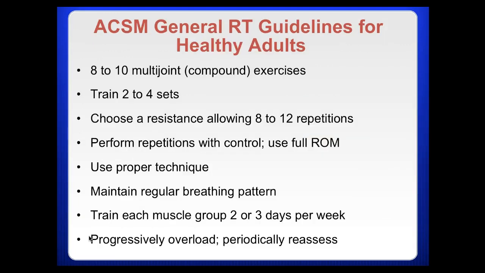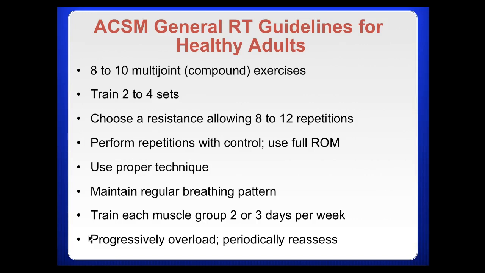Here are the American College of Sports Medicine's general resistance training guidelines for healthy adults. They recommend that you do 8 to 10 multi-joint or compound exercises. You train between 2 and 4 sets. You choose a resistance that allows about 8 to 12 reps. You perform these reps with control and use your full range of motion.